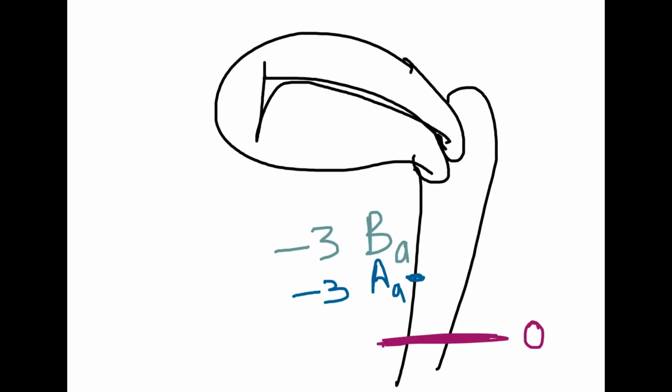Okay, and on the posterior wall we have A posterior, which is at the level of minus 3, and again B posterior, which is at the level of minus 3 as well.